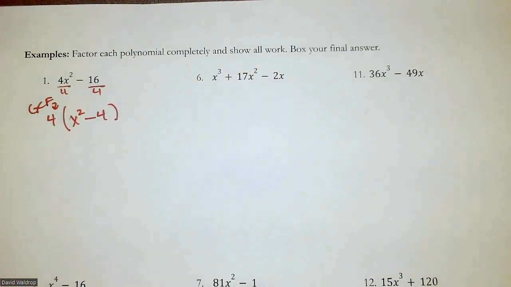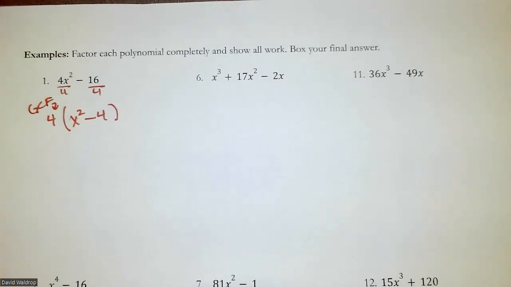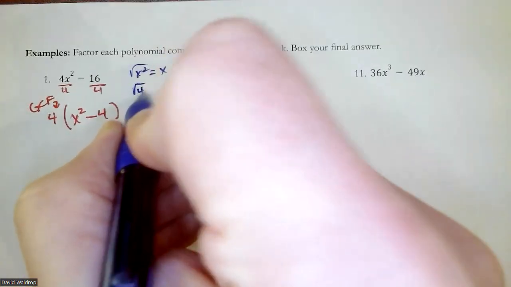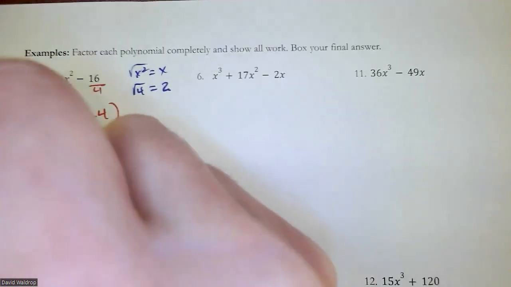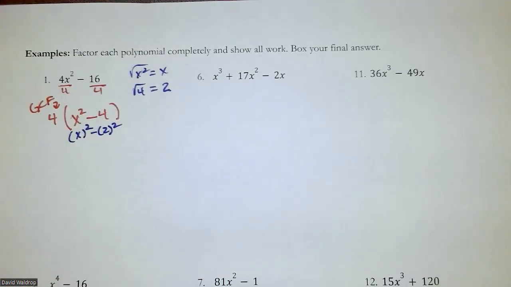Okay. Now, let's look at the second one, the x squared minus 4. I can take the square root of x squared. That is nice. So the square root of x squared is x. And I can take the square root of 4, and that's nice, right? So that means that this is x squared minus 2 squared. Okay.